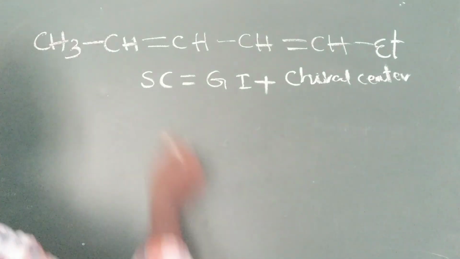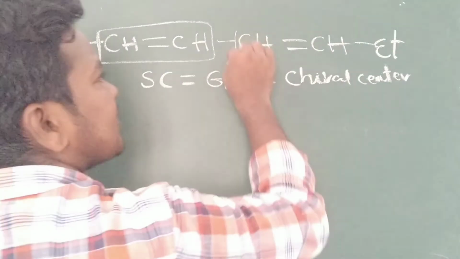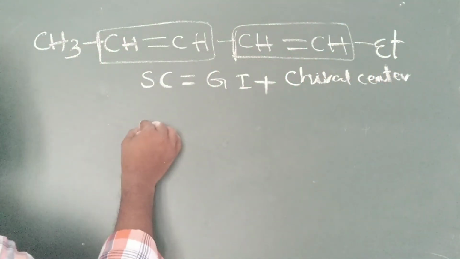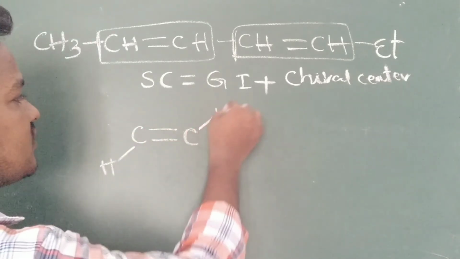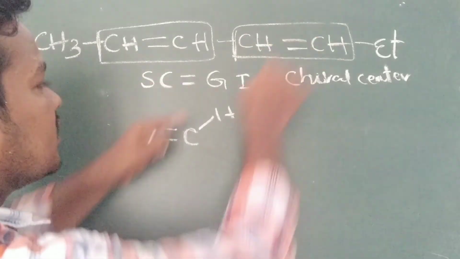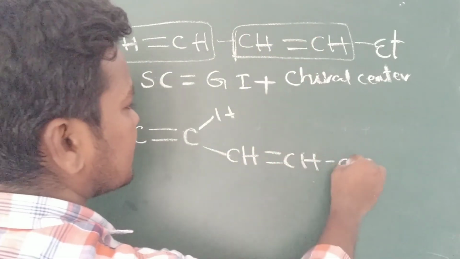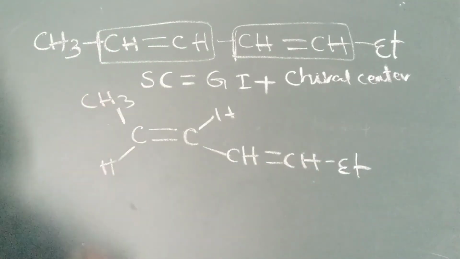So now you can see this is the double bond system. How many double bond systems are present? One here, 2 is present. So you can write this structure as CH double bond CH, this H I am taking, and this total group is down, CH double bond CH Et. So here it is CH3.